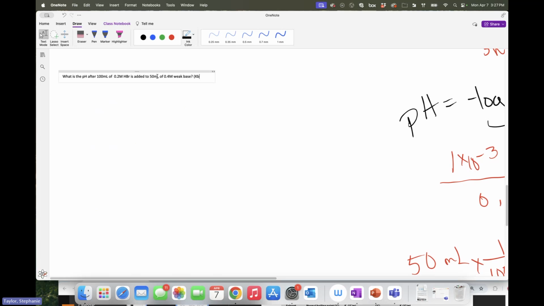Weak base, Kb equals something kind of small, but a number I haven't seen in a little while, 4.5 times 10 to the negative 9.